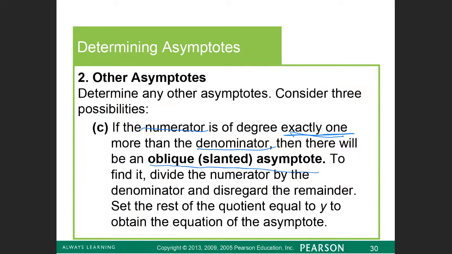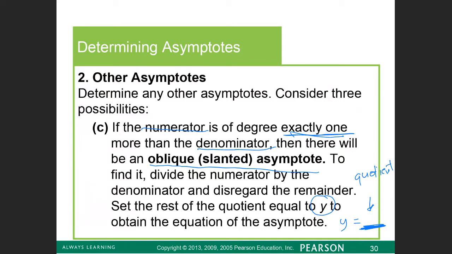So we have to divide the numerator by the denominator and disregard the remainder. Set the rest of the quotient equal to y. So you're just going to say y is equal to whatever your quotient is. So the quotient should be placed here. So just ignore the remainder. Again, the quotient should be placed here. y is equal to.